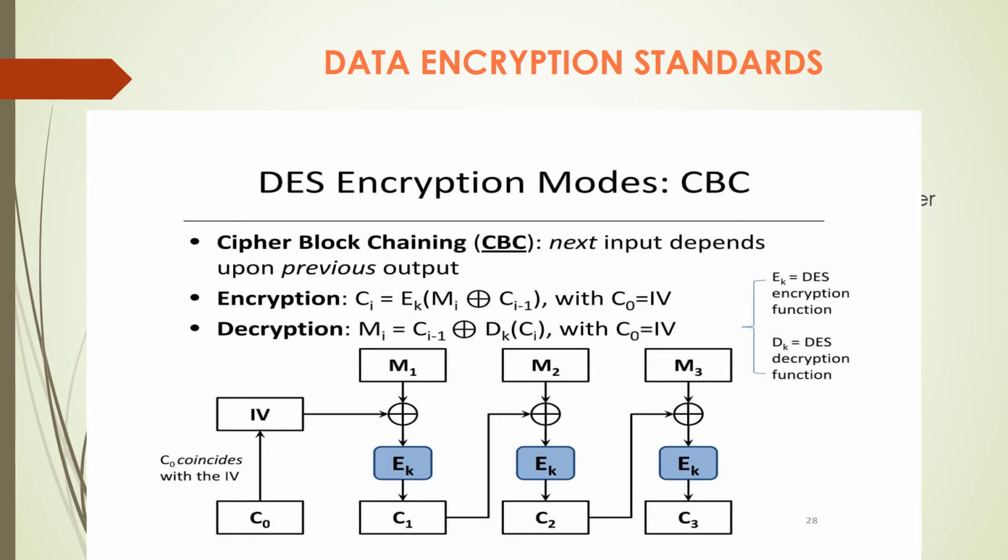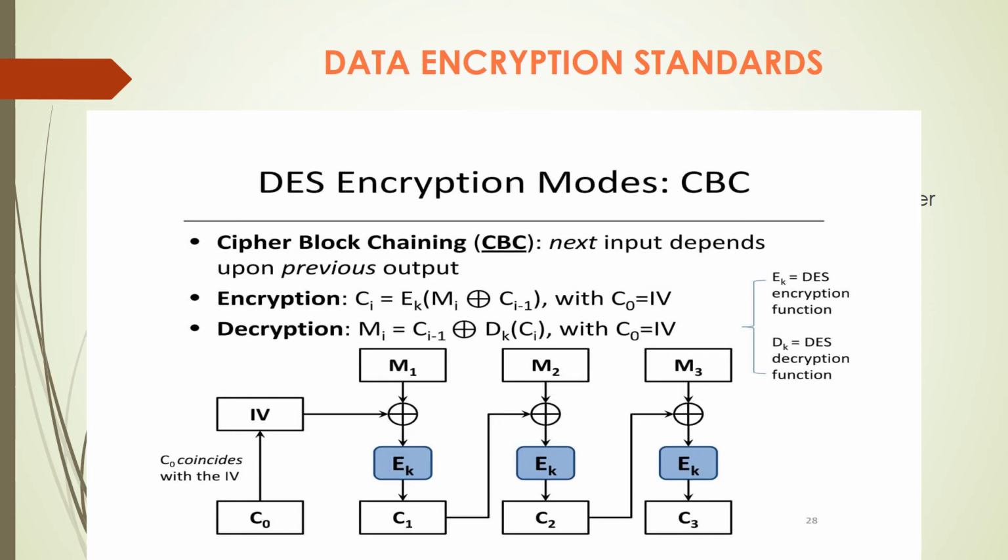Here the initialization vector IV is a random public value. In this mode of operation, the output from the XOR operation will be given as input to the block cipher encryption algorithm. Here key K is used for the encryption algorithm.